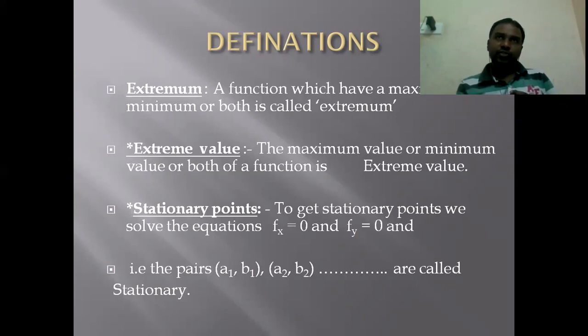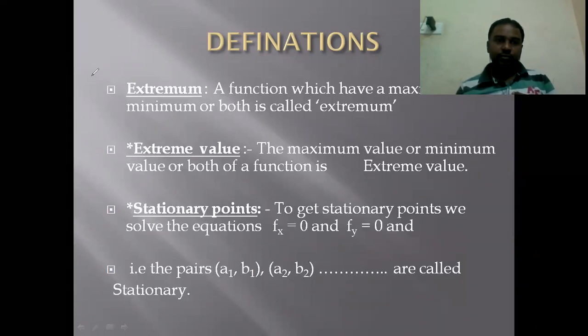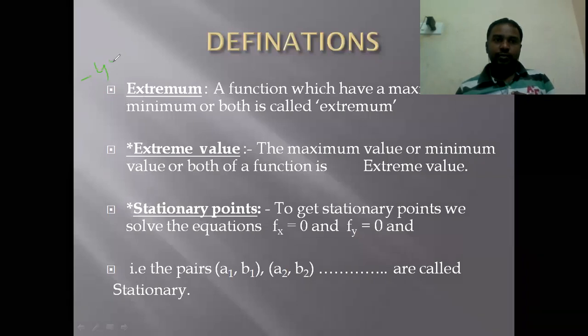If it is a single variable function, like y is equal to f of x, we simply differentiate with respect to x and equate it to 0. Solve this equation, and we can get a stationary point.